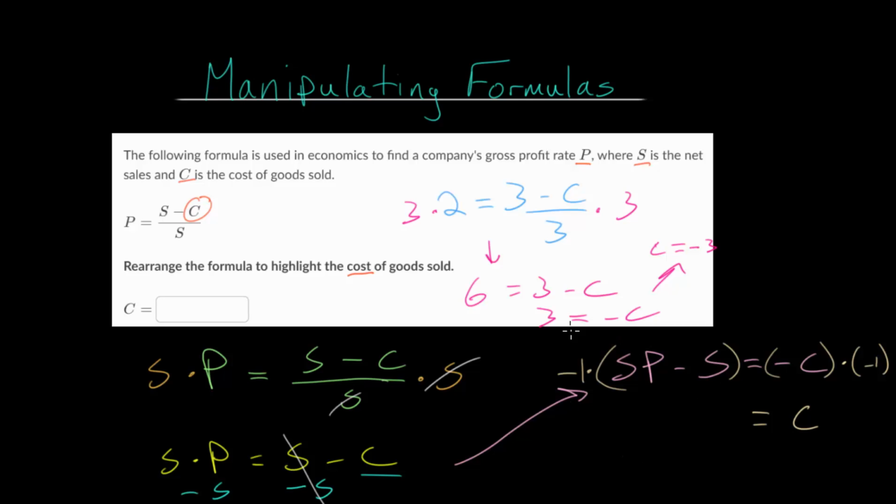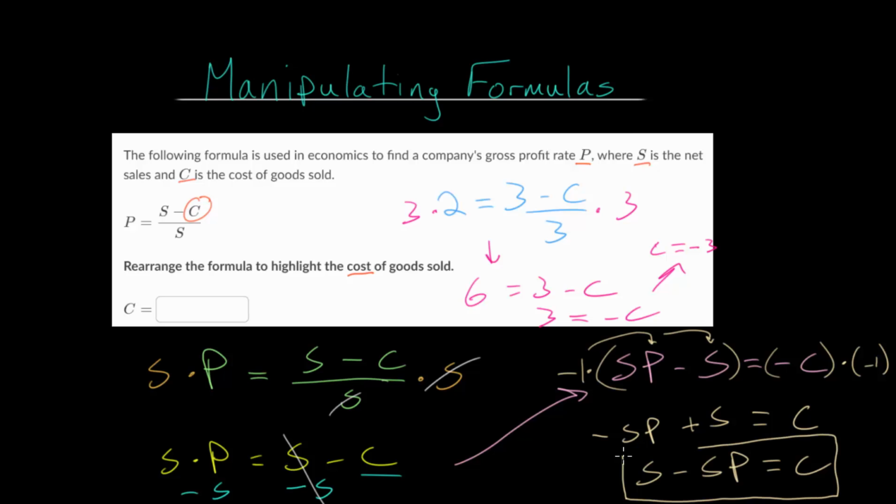It doesn't matter. So let's distribute the negative here. We would have minus SP, and negative 1 times negative S would be plus S. If we want, we can rewrite this as S minus SP is equal to C. This right here would be our formula rearranged in terms of the cost of goods sold, this variable C.